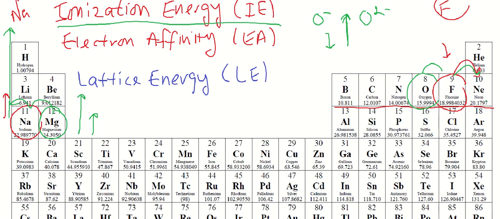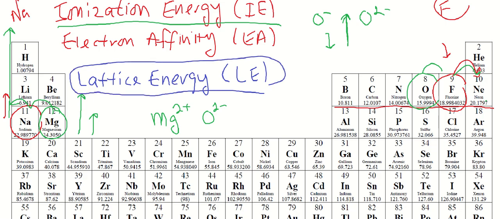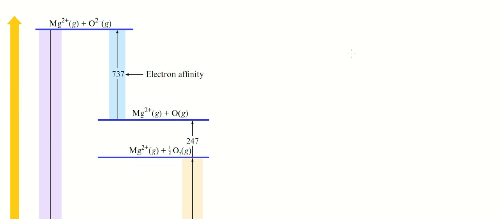But the thing with this is that the magnesium 2 positive cation and the oxygen 2 negative anion have a lattice energy that dominates. It's just a huge exothermic step. Let me show you. I'm going to have to zoom out so you can see this whole graphic.